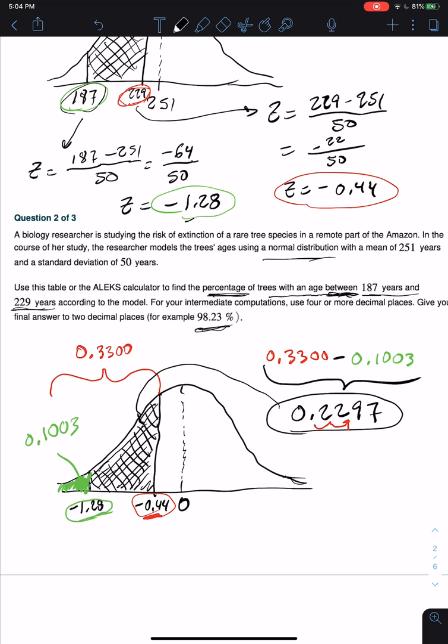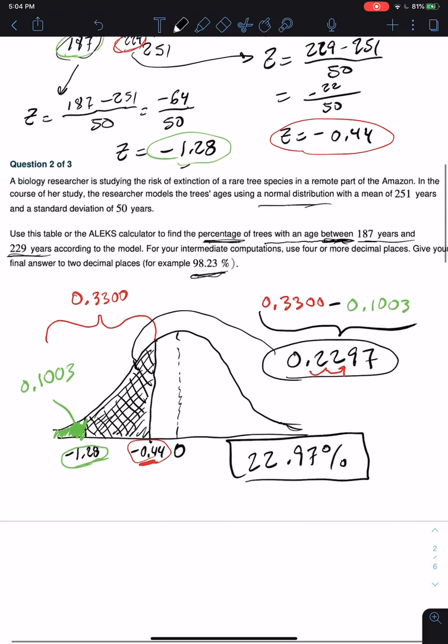So the answer is 22.97%. Let's find the percentage of trees with ages between 187 years and 229 years. Well, that's 22.97% of trees have ages between 187 years and 229 years. Yay, done. Okay, let's take a look at the last problem here.